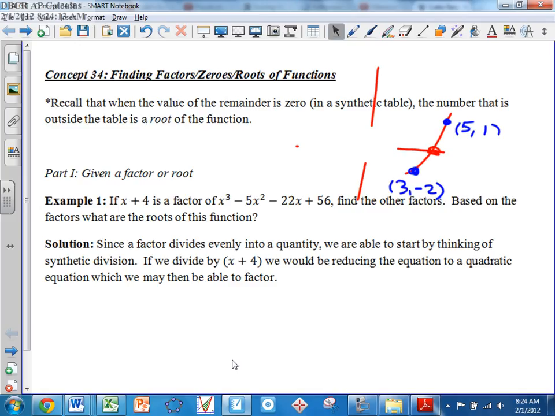If the remainder is 0, the remainder is also the y value, isn't it? So if the remainder is 0, it means the y value is 0. When the y value is 0, that's what a root is, just like that root up there. It would be 4 comma 0 if we were estimating. So when the remainder is 0, we have a root. Is everybody clear? So our entire goal today is to get a 0 in that last spot.